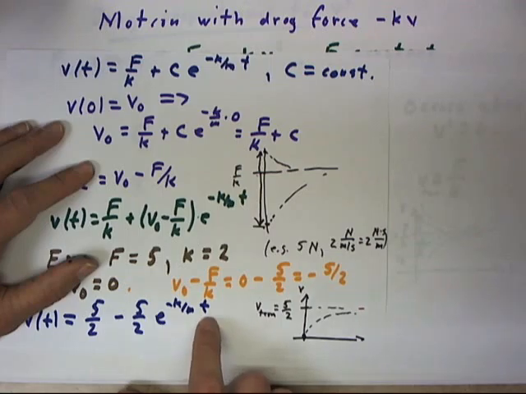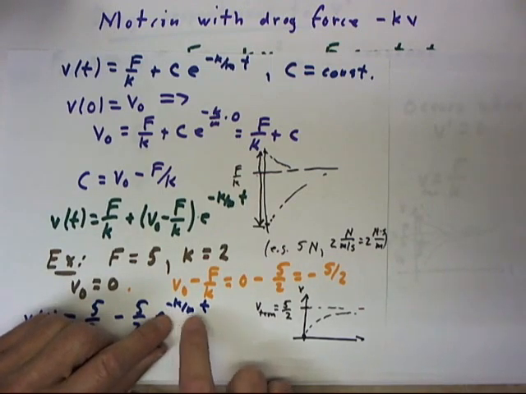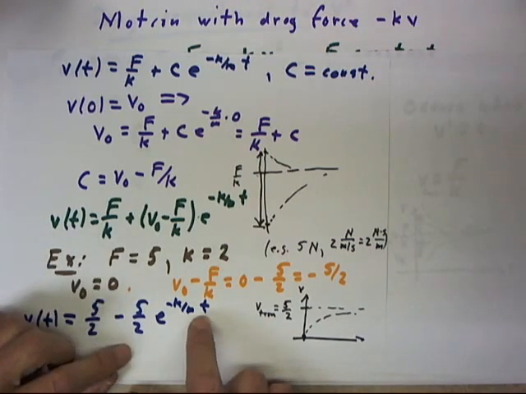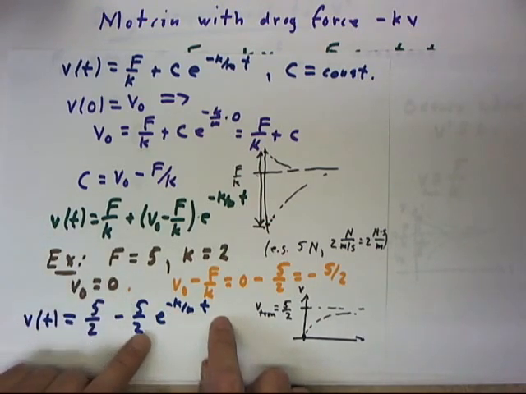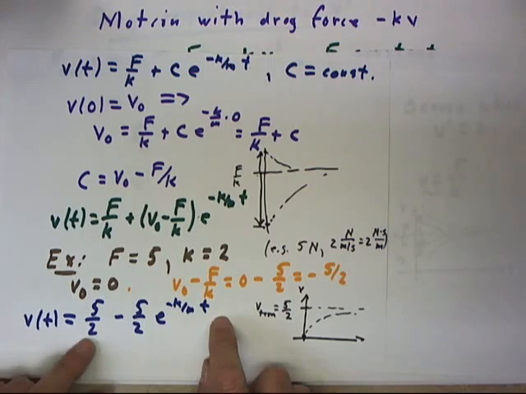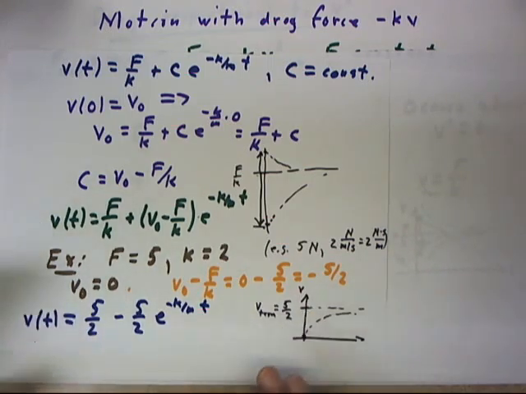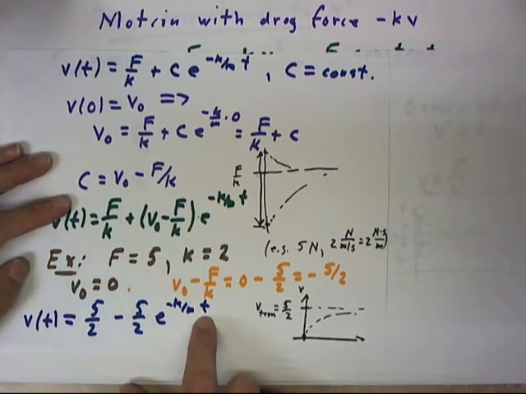Again, as t approaches infinity, e to the negative k over m t approaches 0, so that 5/2 e to the negative k over m t is going to approach 0, and our velocity is going to approach 5/2. Once again, to clarify, hopefully, and eliminate any confusion. When t is 0, the exponential is 1.